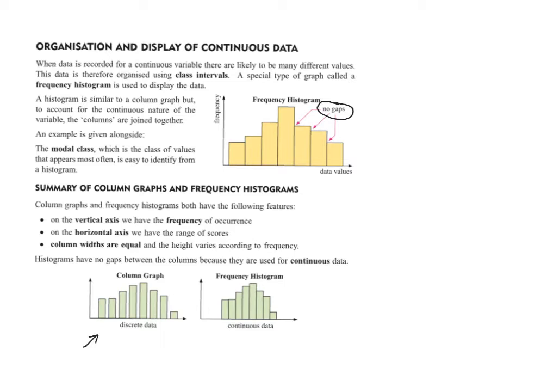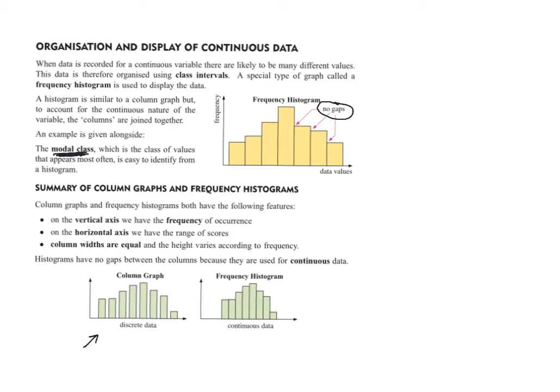Okay. The modal class, which sounds similar to mode, is the class of values that appears the most often, and it's usually very easy to identify on a histogram. Now, although they are slightly different graphs, they have very similar features. So we think about our vertical axis and our horizontal axis. Well, our vertical axis will have our frequency, and our horizontal will have a range of scores on it.